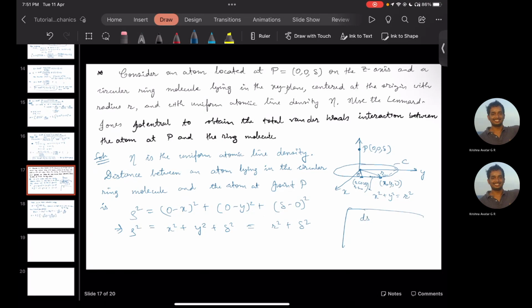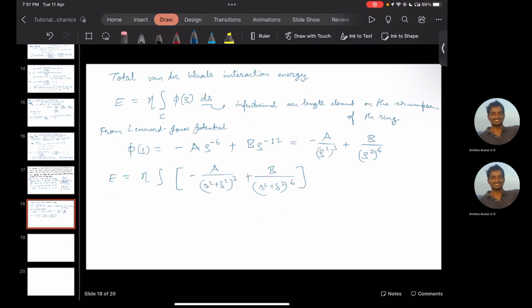So ds by r is equal to d theta, isn't it? Because ds subtends an angle of d theta at the origin. So this means that ds is equal to r d theta, and theta goes from 0 to 2 pi, is it not?